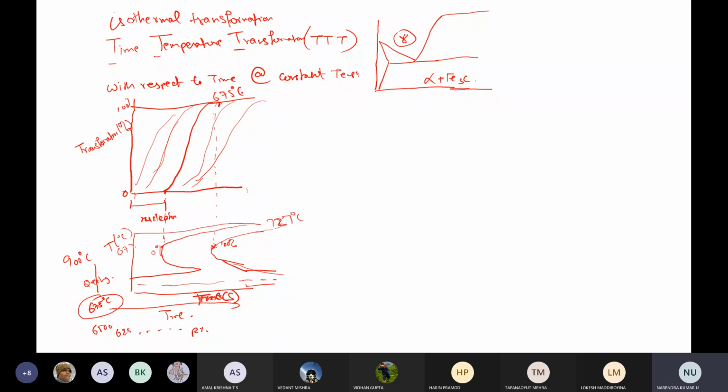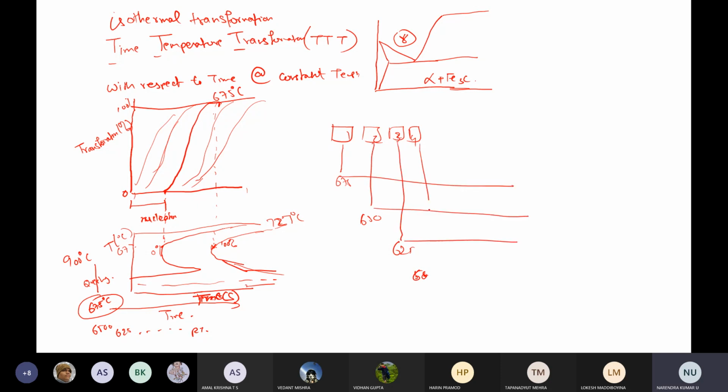This is the procedure. The procedure also we saw: same sample, different samples of the same material, quench at different temperatures, 675. This may be 650, 625, 600 like this, and seeing the transformation with respect to time.